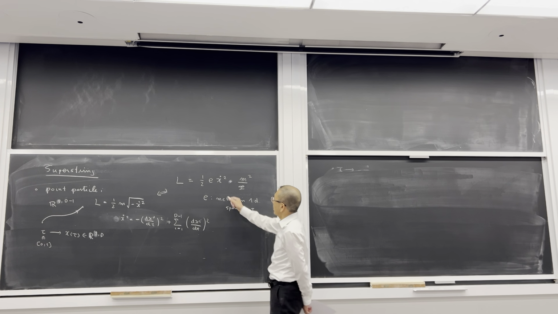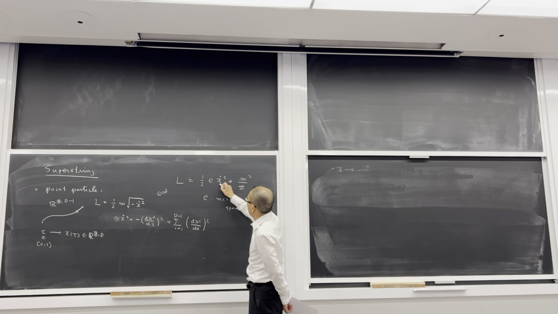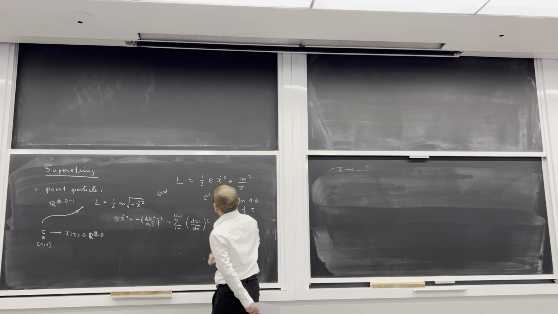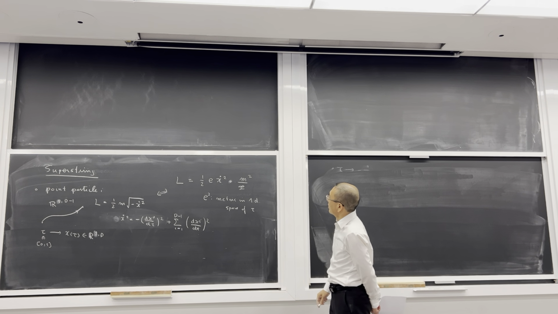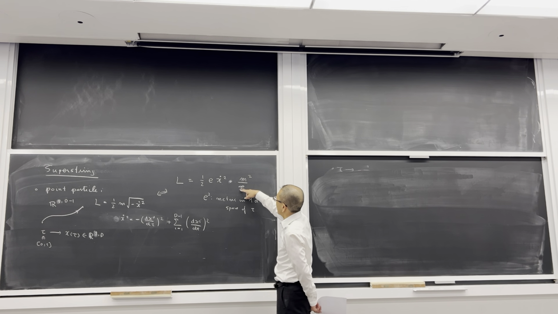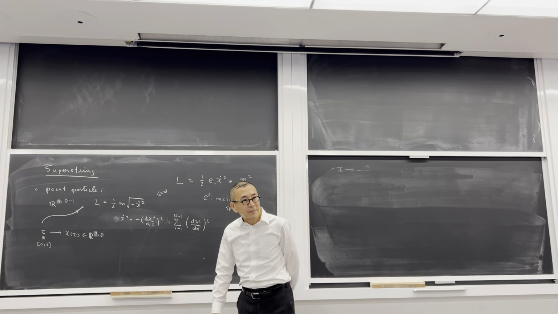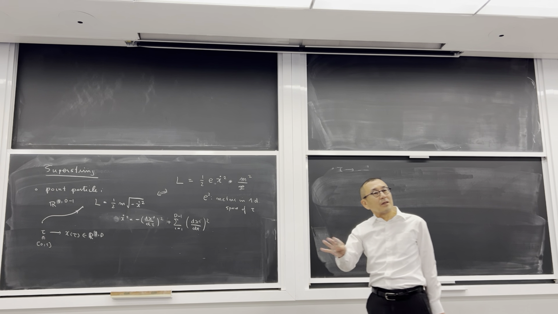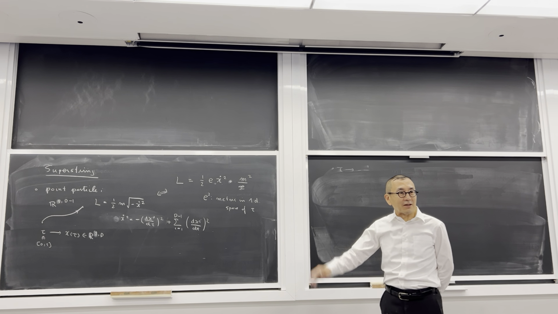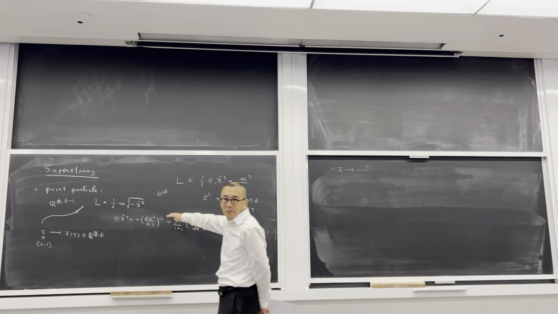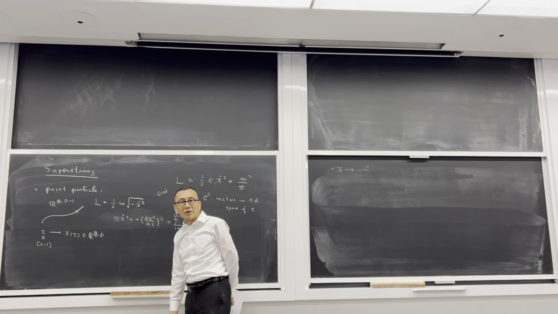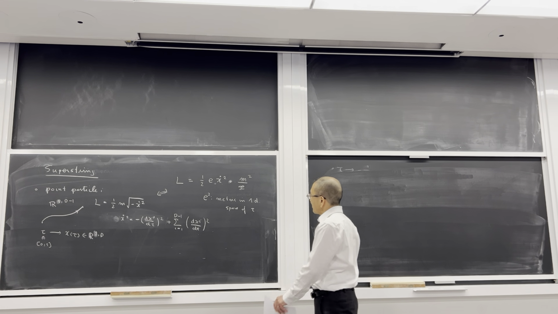Okay, so actually, e squared is a metric. You can think of this as a cosmological constant term, and this is a kinetic term. So this is the point particle analog of the Polyakov action, whereas this is the point particle analog of the Nambu-Goto type action.